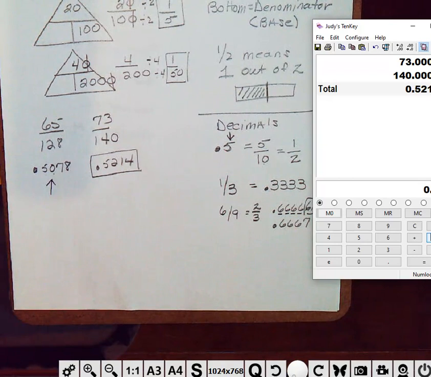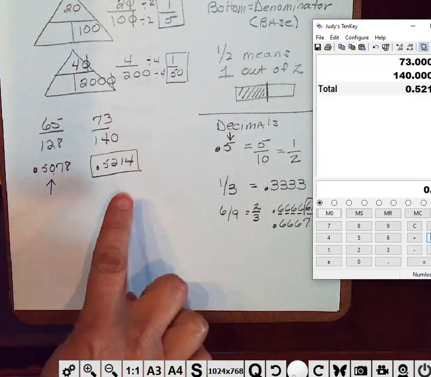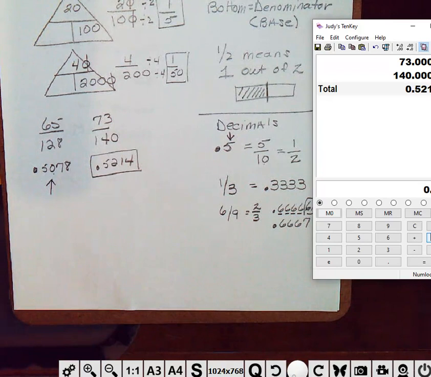If I am putting my money into savings and I'm drawing interest, I would want the most interest that I could get. So I would want the highest one. So comparing decimals is easier than comparing fractions, and you take a fraction and take the numerator divided by the denominator to get it into the decimal form.